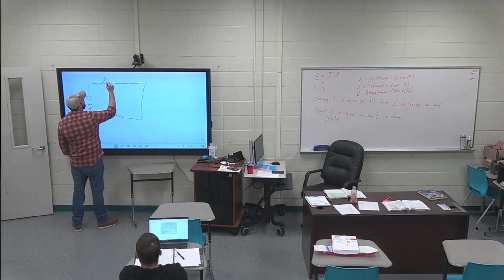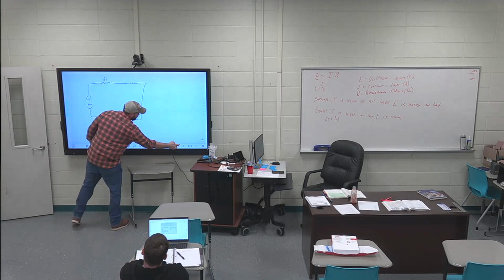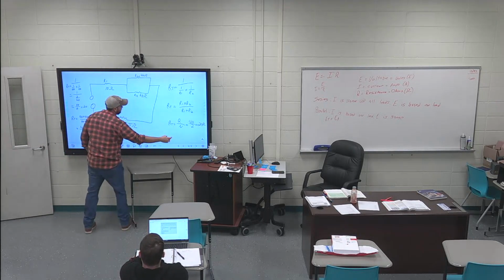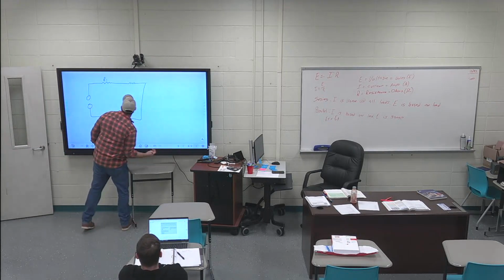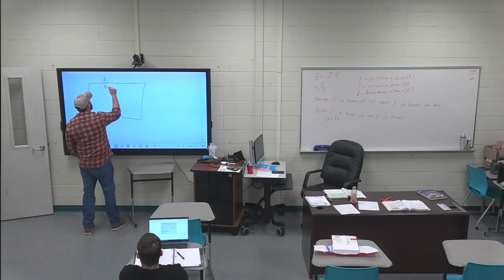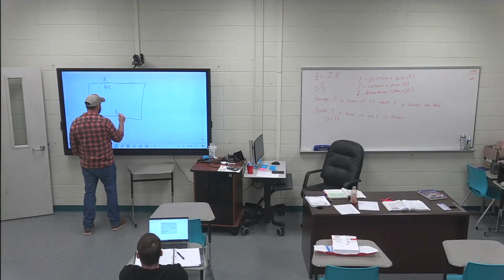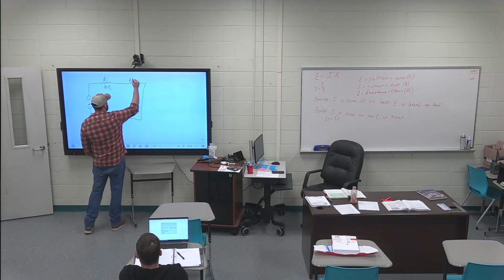So now I have this equation, R1 is 10 ohms. R5 was 5 ohms. And this is R, we're just going to say 2 through 4.